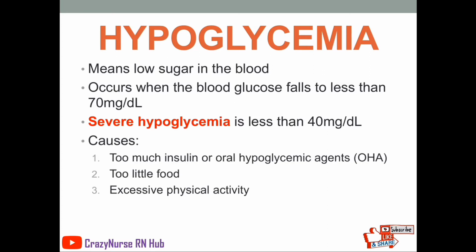We also have three causes of hypoglycemia. First is too much insulin or oral hypoglycemic agents taken by the patient. We also have too little food ingested by our patient, and of course, excessive physical activity. And these three conditions cause hypoglycemia in our patient.